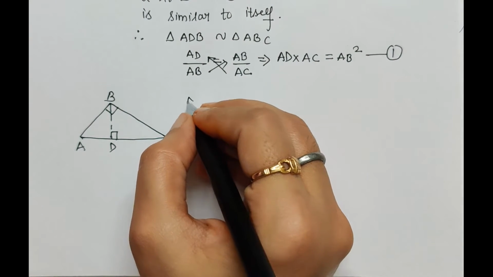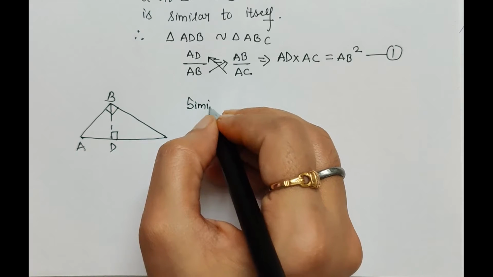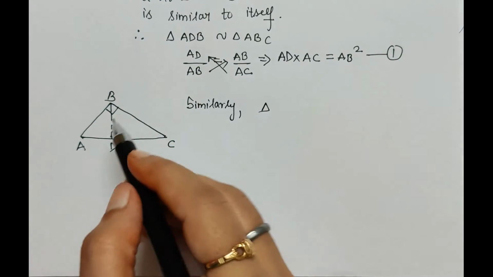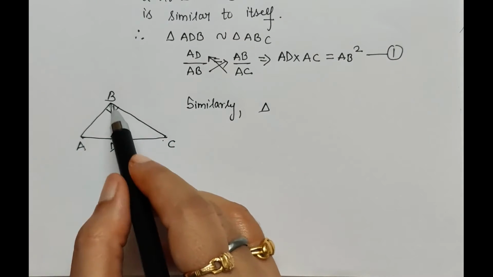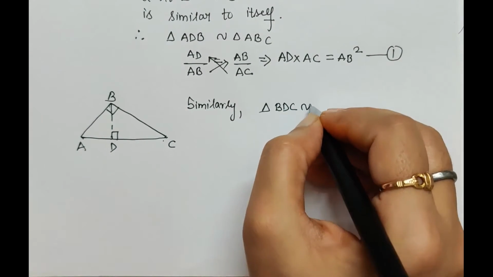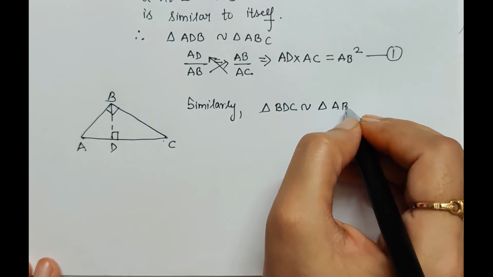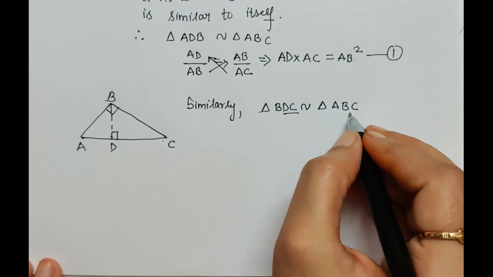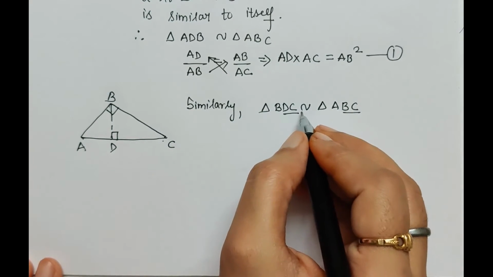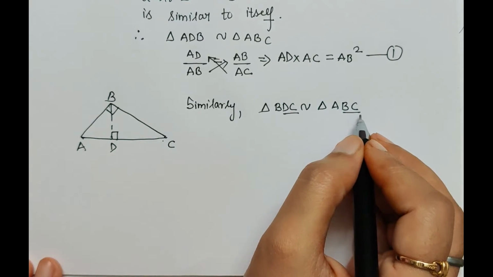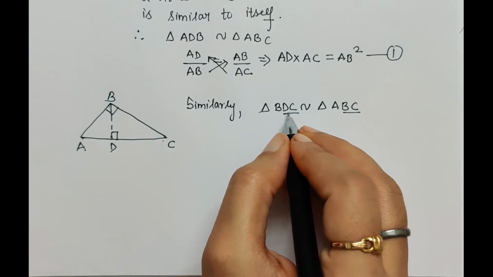Similarly we can also write triangle BDC is similar to triangle ABC, and we can write CD by BC is equal to BC by AC. Because we are showing two triangles are similar, they are written in a very systematic manner, and that order has to be followed.